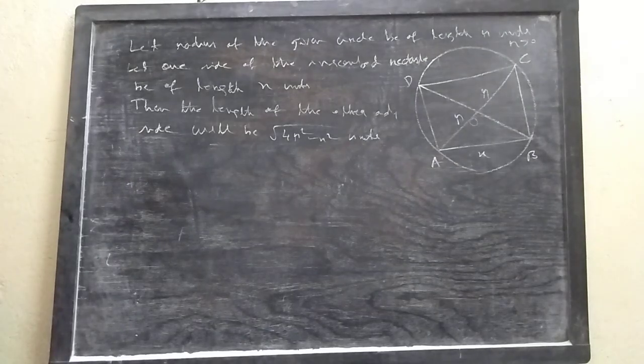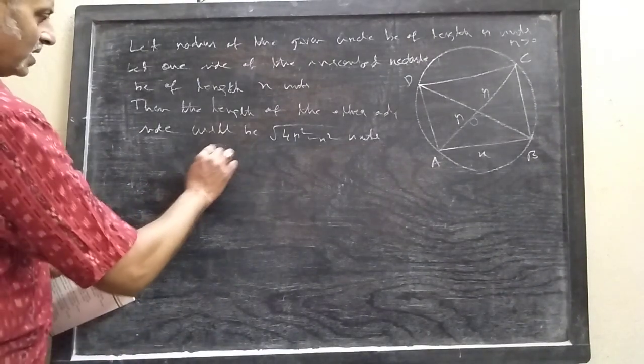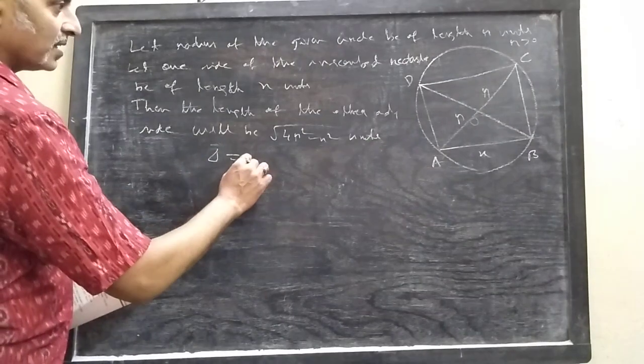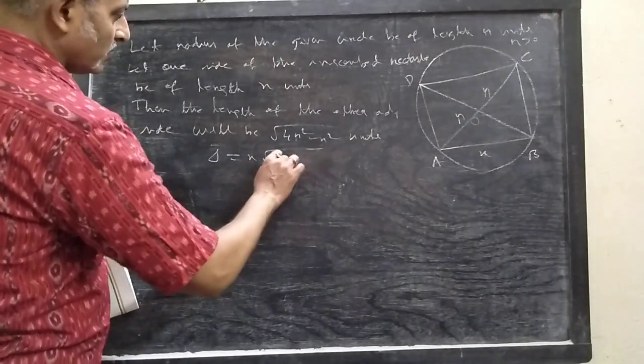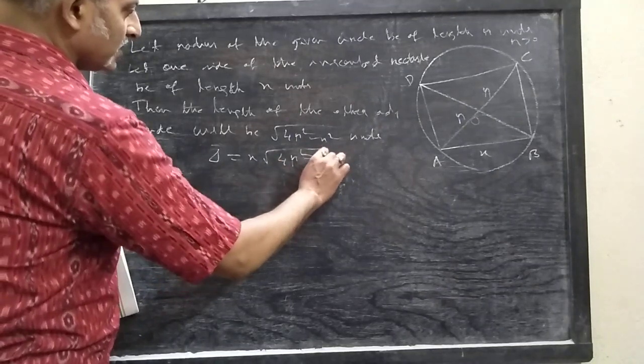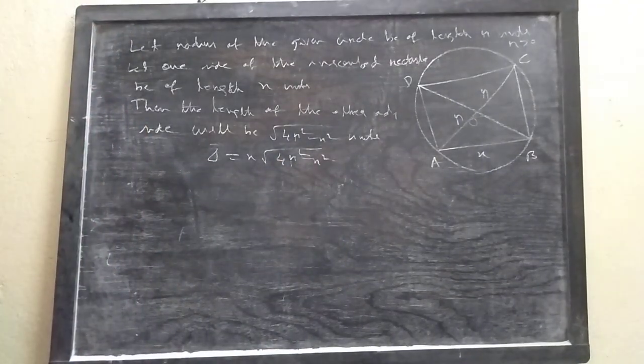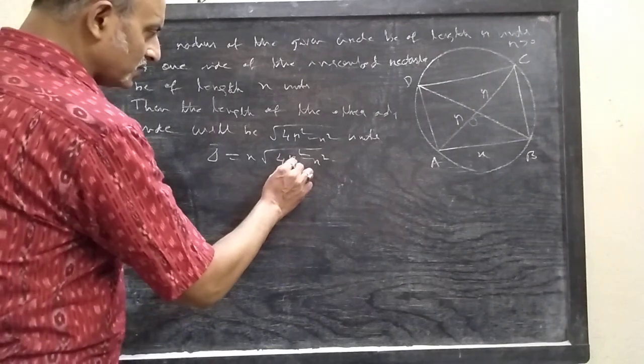Now the area of the inscribed rectangle will be given by, say, area is given by delta. Delta equals x into root over of 4R square minus x square. Now I am telling a principle.